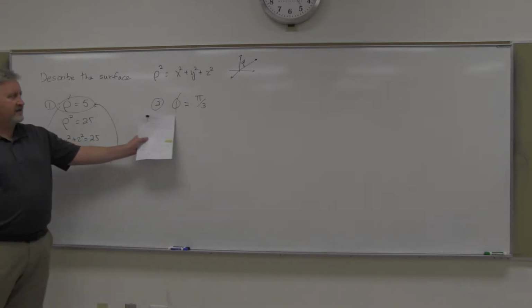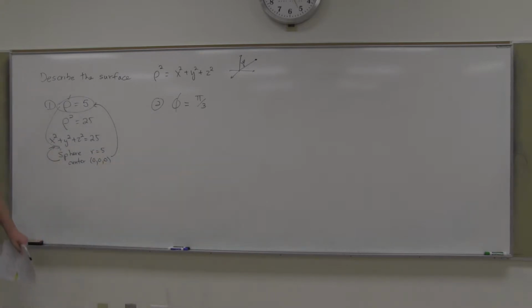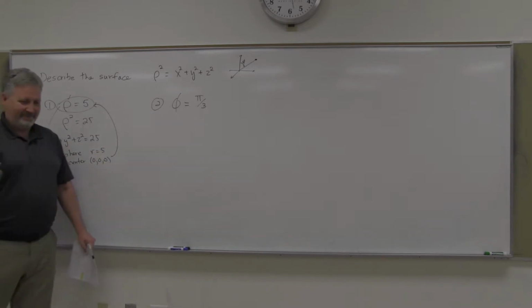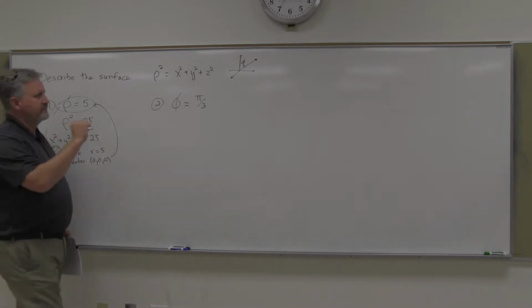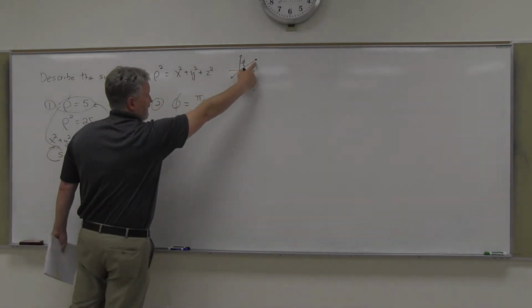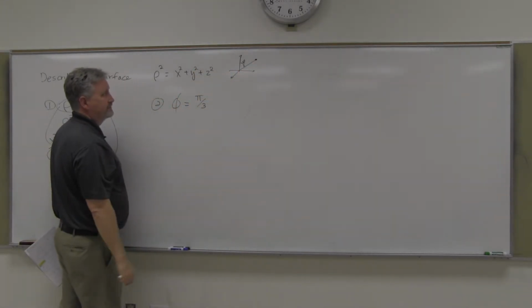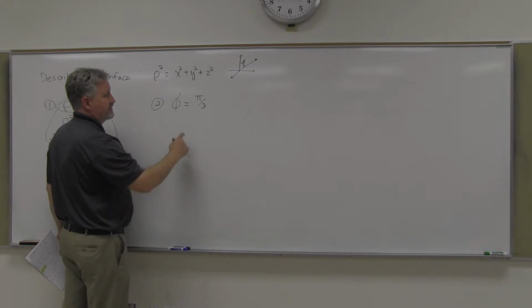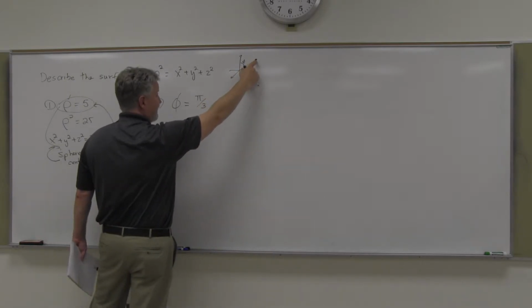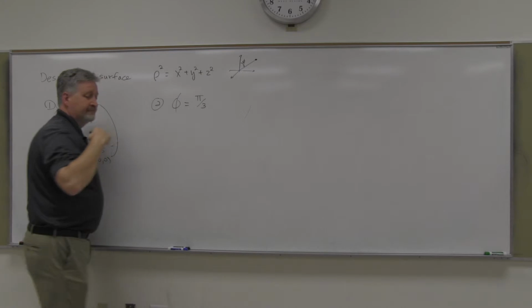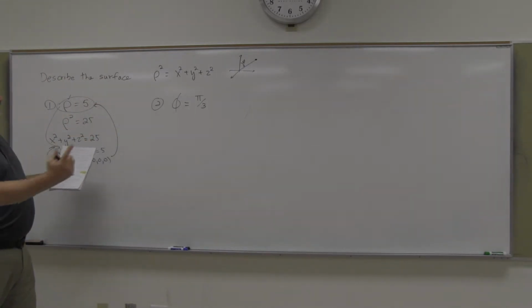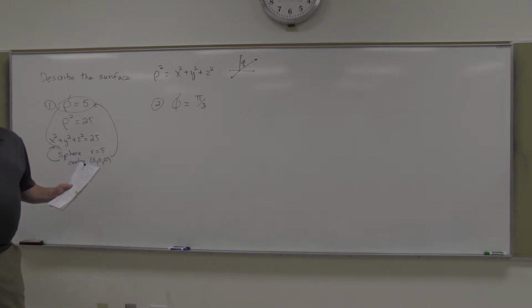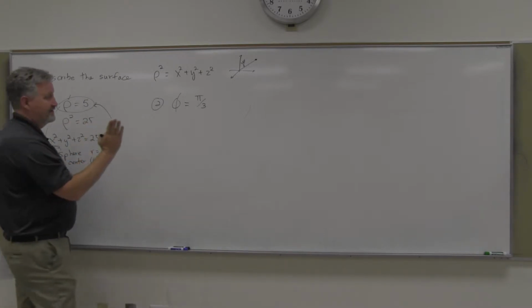So this is saying phi is locked in to be pi over 3, and that means no matter how far out you are, no matter where you are, as far as the XY plane is concerned, phi is always pi over 3.